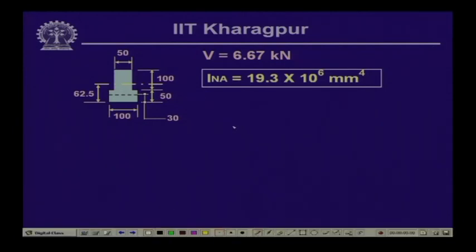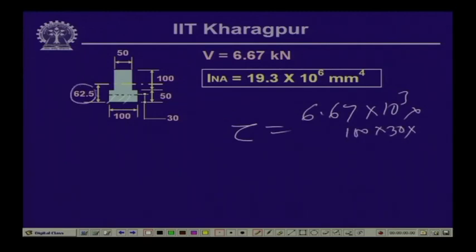So, if we compute the shear stress, tau is equal to 6.67 into 10 to the power 3 multiplied by Q, which is equal to 100 times 30, because this is the section which we are looking into, and 62.5 minus 15, which is equal to 47.5, divided by I times b, which is 100.